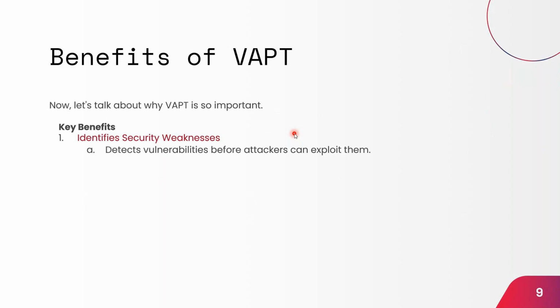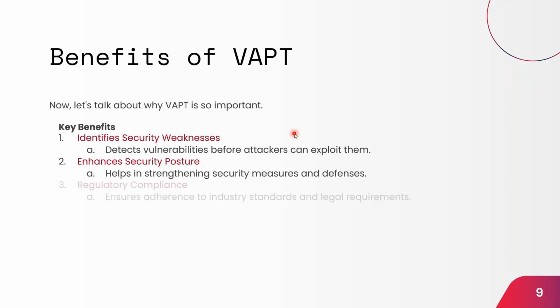If the company is, let's say, hacked, if the customer's data is out, if some kind of unusual activities are detected, no one wants to do business with them, right? Correct. So with the help of the VAPT, we can identify the security weaknesses, and it also enhances the security posture of an organization.